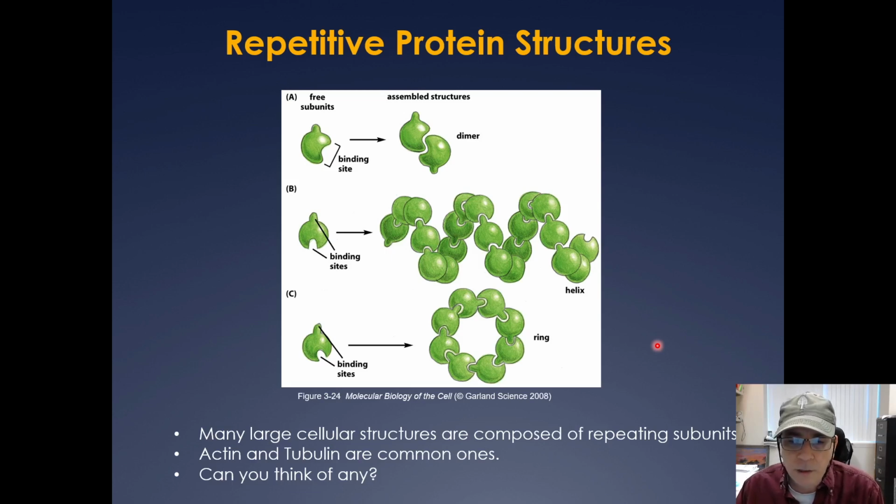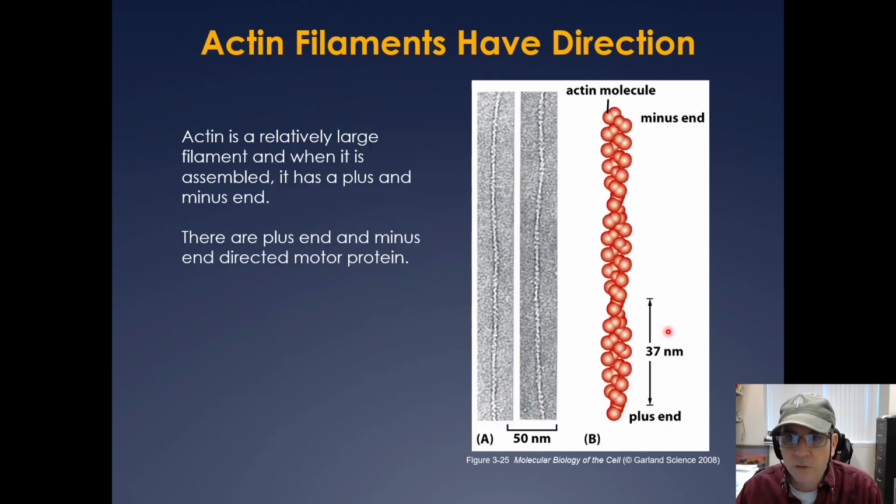When we look at the cellular cytoskeleton, we'll see that both actin and tubulin buy into this whole thing, where tubulin forms a helical tube and actin forms these little filaments. And here's the actin filament right here. It can get quite large, and when it's assembled, it too has directionality.